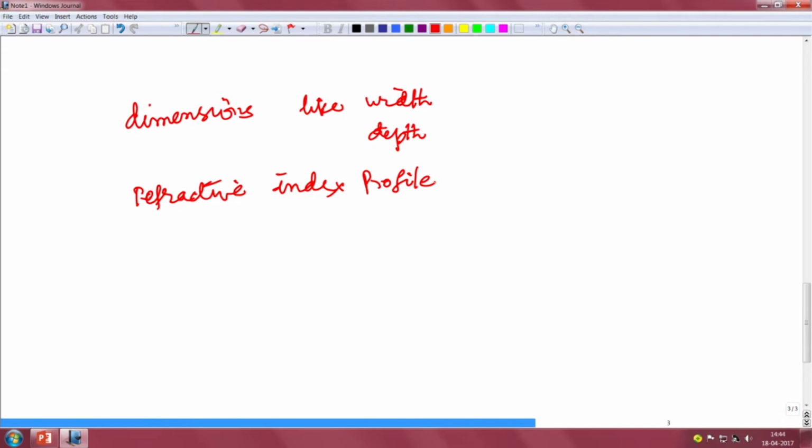As you have observed, the refractive index varies with the dimensions, and we can represent it using n(x, y), where x and y are the coordinate axes.